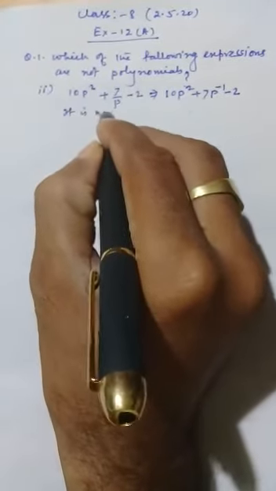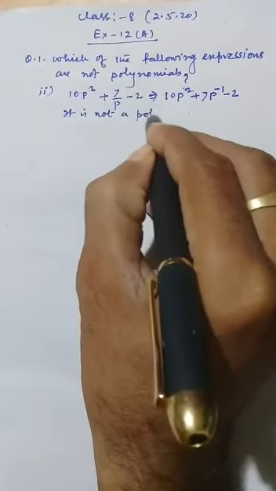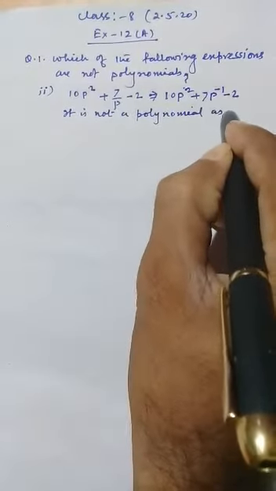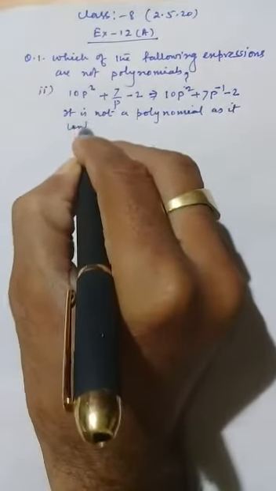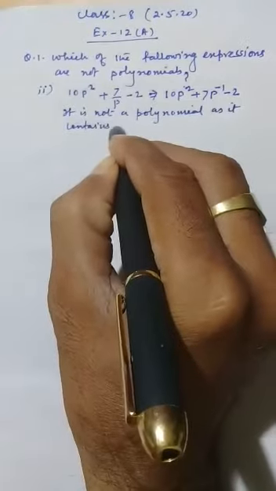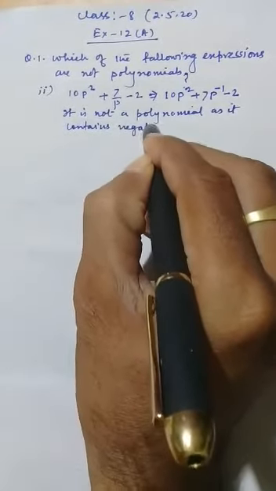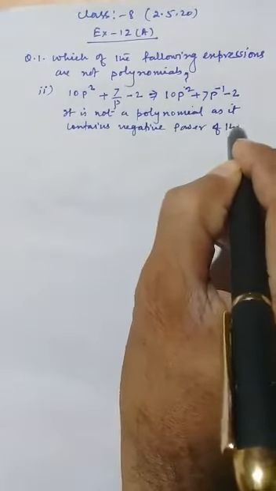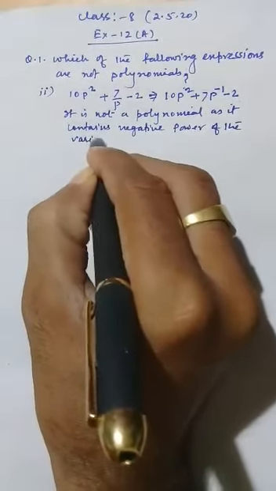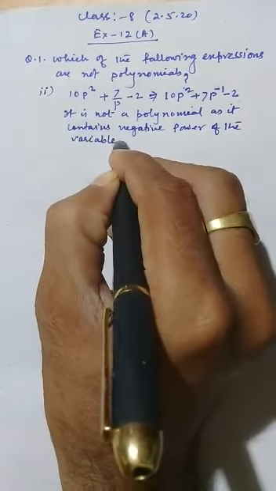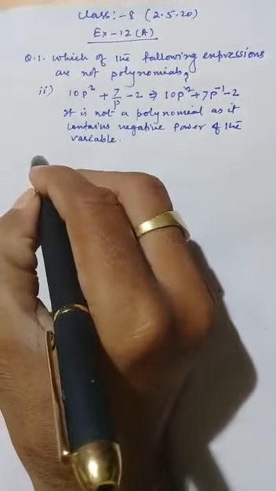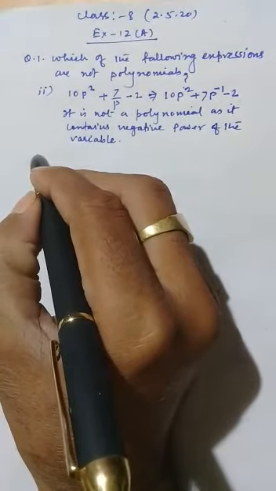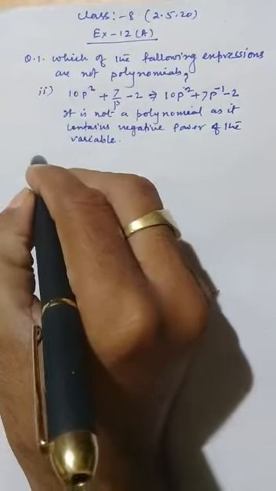It is not a polynomial as it contains negative power of the variable. Again, fourth part is also not a polynomial. Sixth part is also not a polynomial.